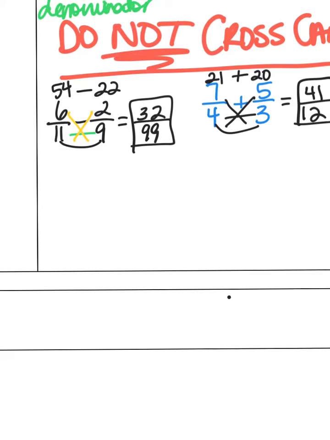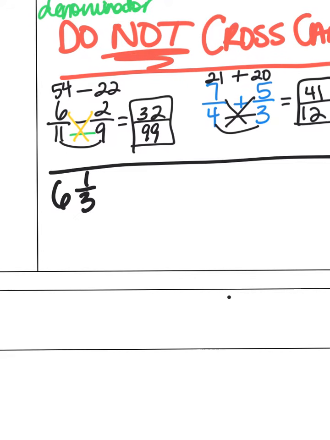So say I have the problem 6 1/3 plus 2 4/5. This means that I had six whole sets of 3 plus an extra one, okay?